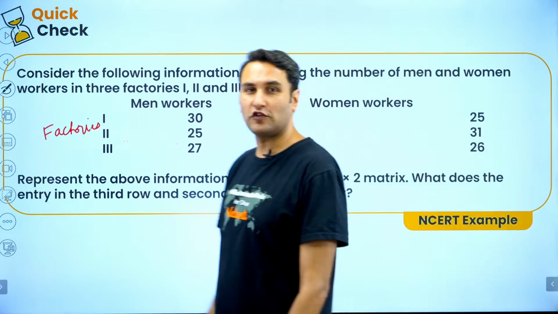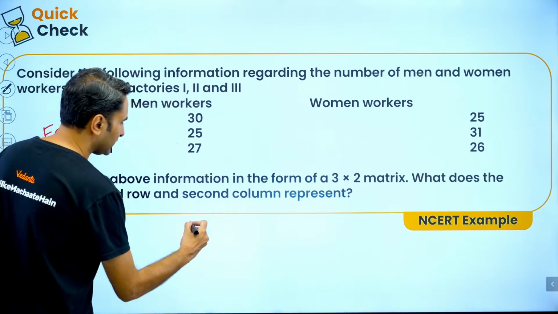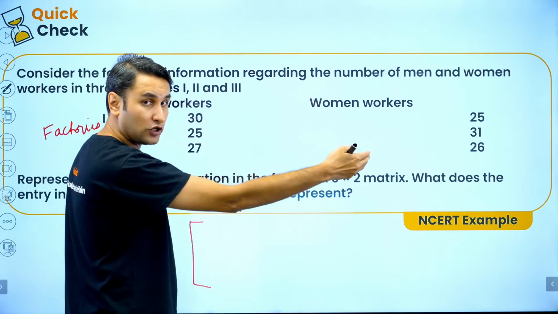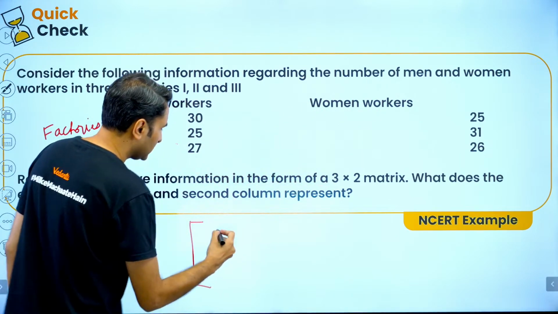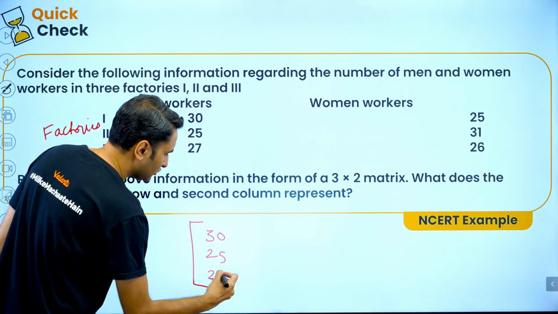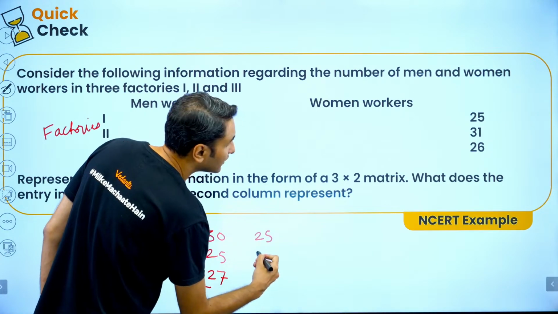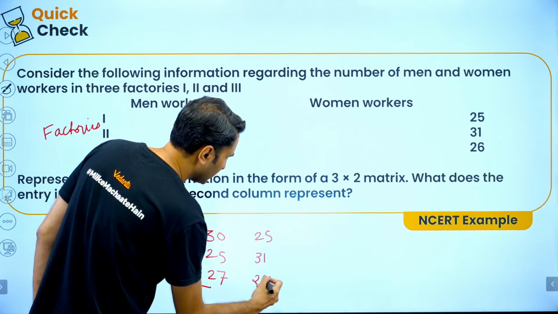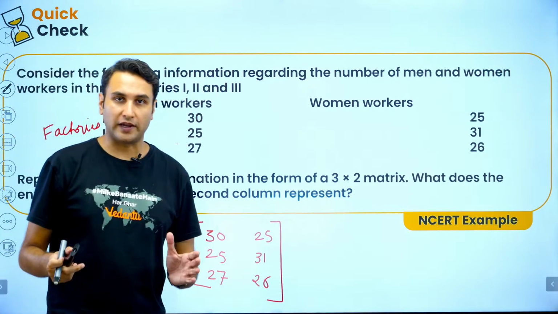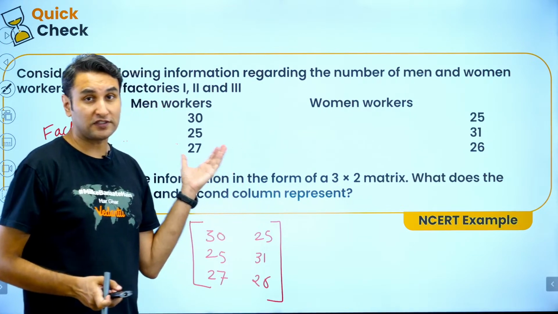Can you represent this information in a matrix? Yes, very simply. You can create a matrix with 3 rows and 2 columns: 30, 25; 27, 25; 31, 26. So imagine if there was a computer program where you have to input this information, and imagine there are only 3 factories.